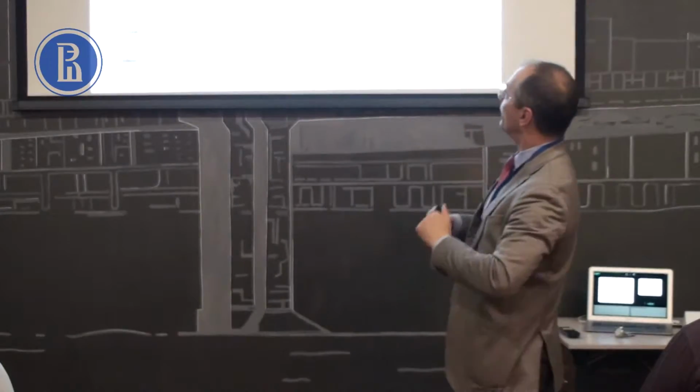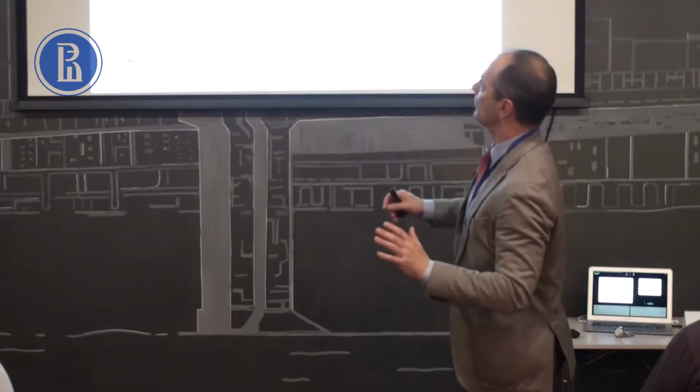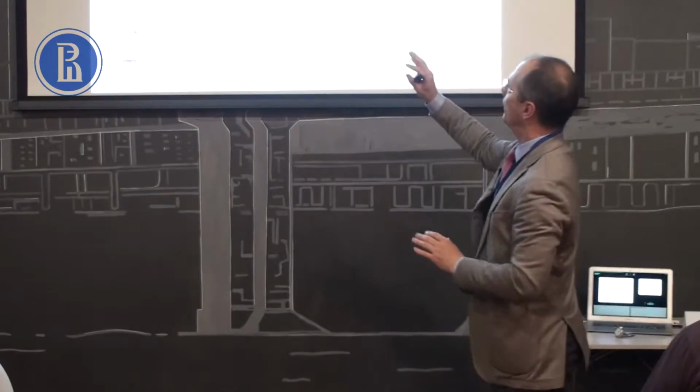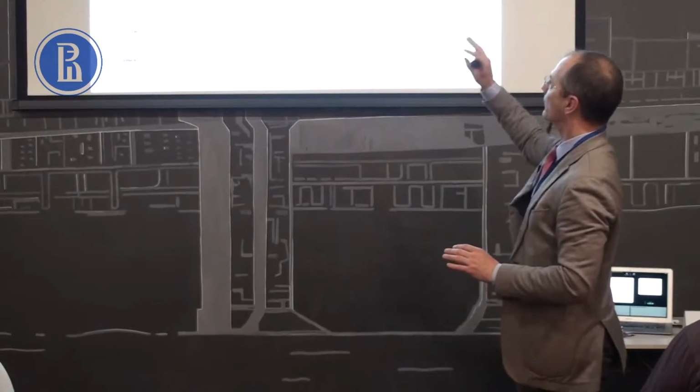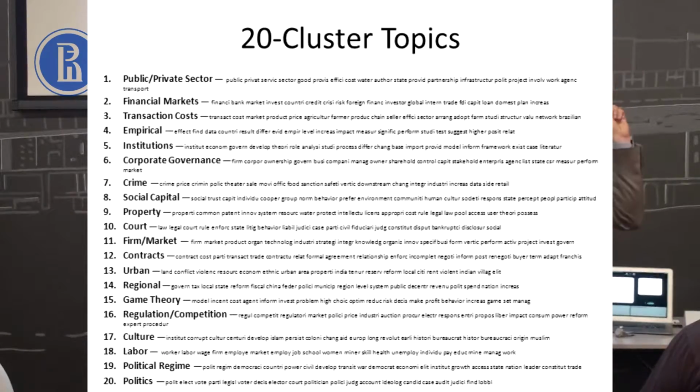So if I classify this in 20 topics, it would give the transact, cost. Why transact? Because this is the stem word. Transact, cost, market, product, agriculture, and I apologize because in the Mac it looks correct. Transact, cost, market, finance, investor.